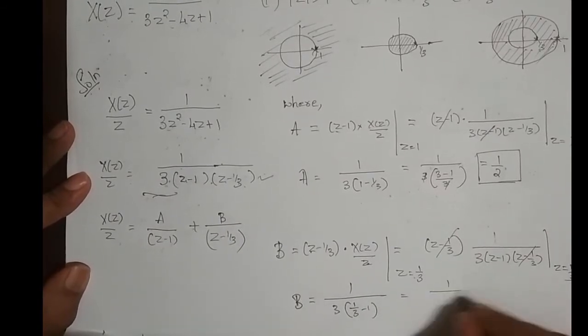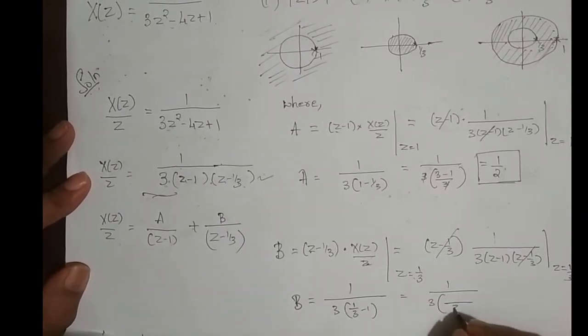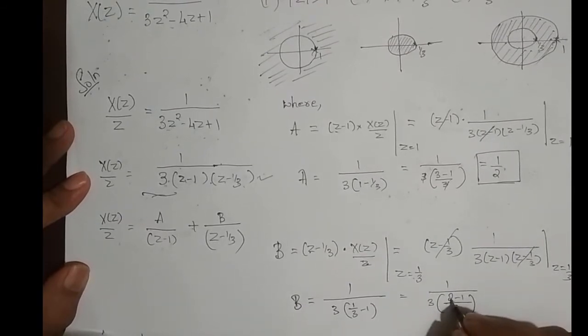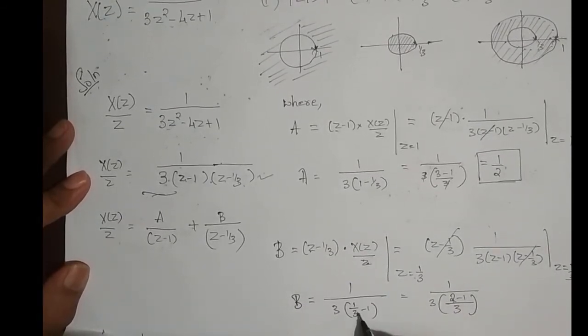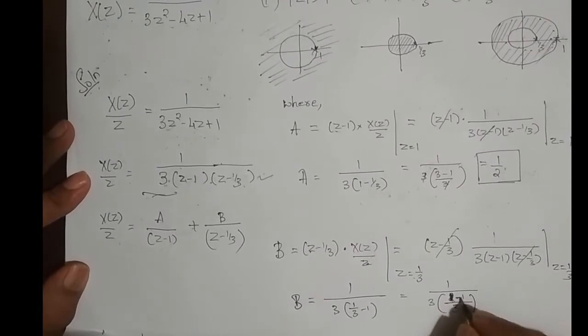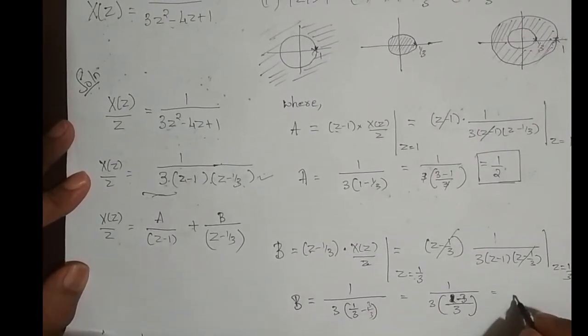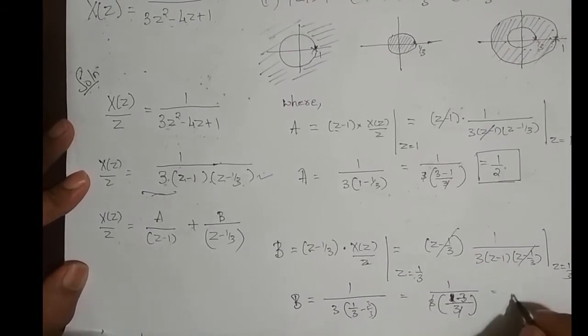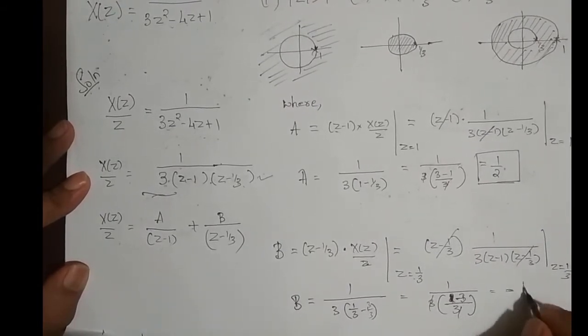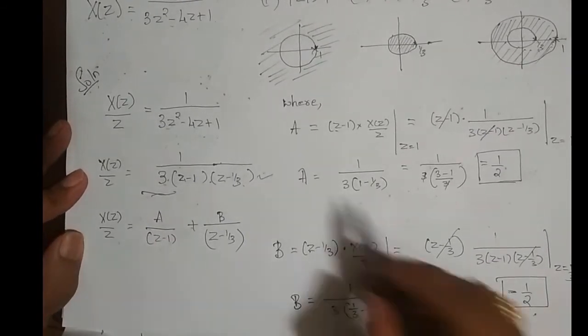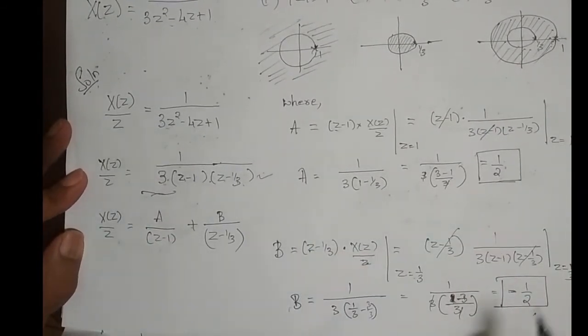So this is 1 divided by 3 into (1 minus 3), because I have to multiply 3 by 3 here, right? So 3 cancels out. This is minus 2 by 2 … so b is equal to minus 1 by 2. So a value we get 1 by 2, b value we get minus 1 by 2.